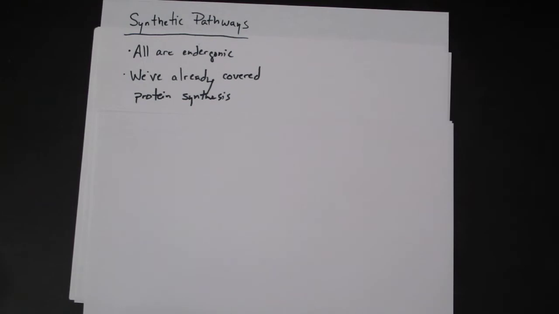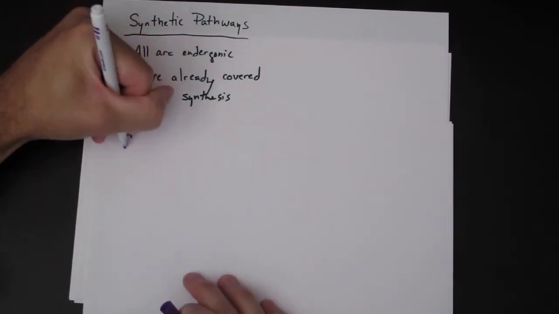All of these are endergonic, meaning that we're storing energy in the final product rather than releasing the energy. And we've already covered protein synthesis in quite a bit of detail. The first one that I want to briefly mention is glycogen synthesis.